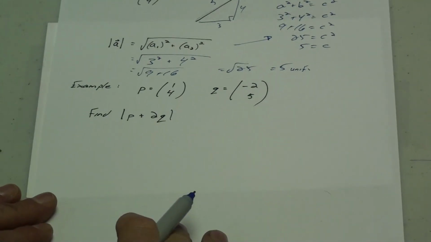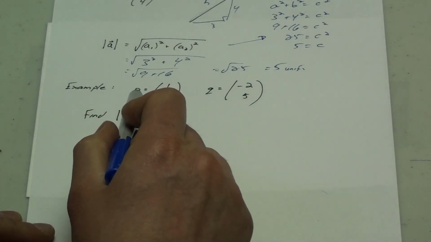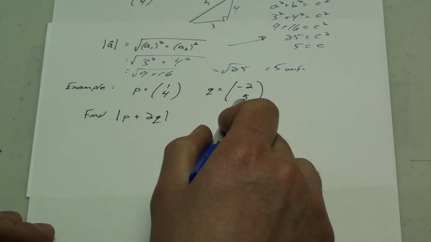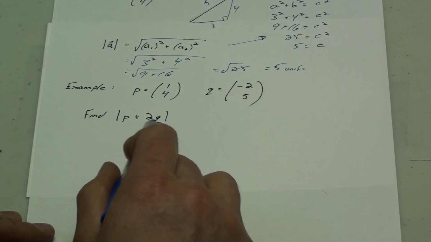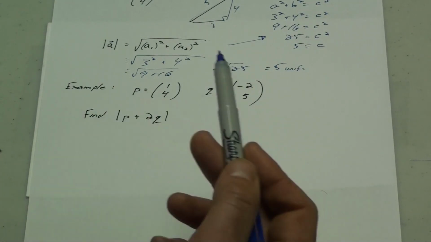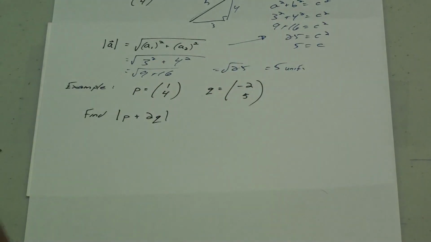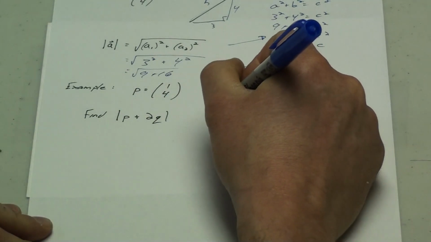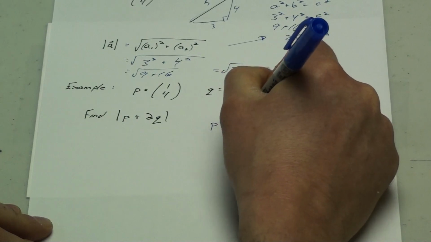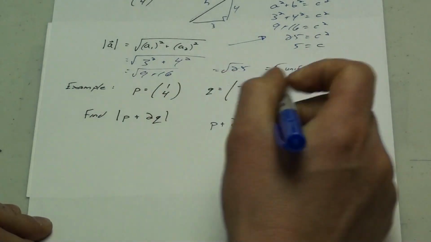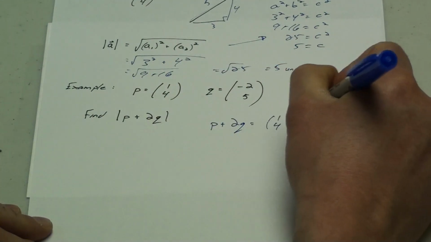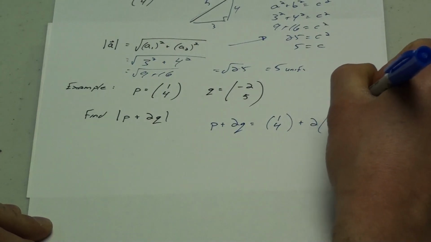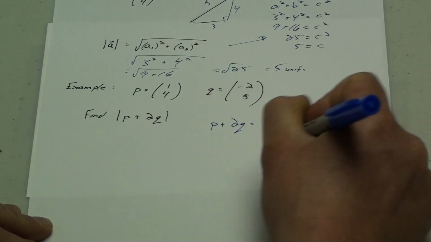For example, let's say I have two vectors, P and vector Q. And I want to find the magnitude of the addition of p plus 2q. So let's first find p plus 2q. So p plus 2q is going to equal vector p, which is 1, 4, plus 2 times vector q, which is negative 2 and 5.